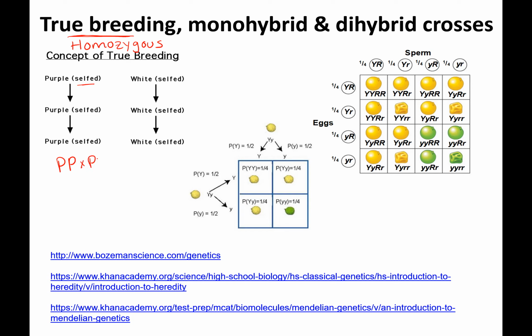So it would be like crossing big P, big P, and all you're ever going to get is big P. Okay. You could have this true breeding for the recessive, and if you mate whites with whites, or true breeding with true breeding, you're only going to ever get white flowers. So if you see something described as true breeding, you know it's homozygous.